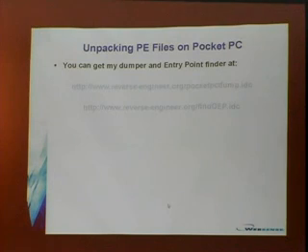So you can grab them if you need to try some unpacking on Pocket PC. I gave my slides to the Toorcon guys, so they will probably be online, and you can get the address from them.